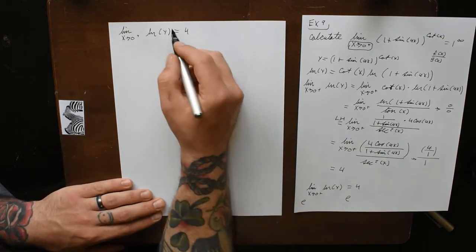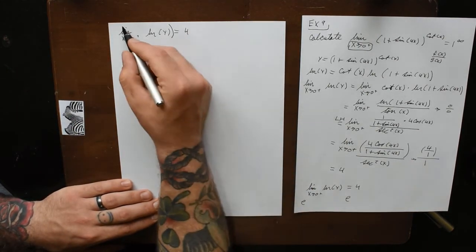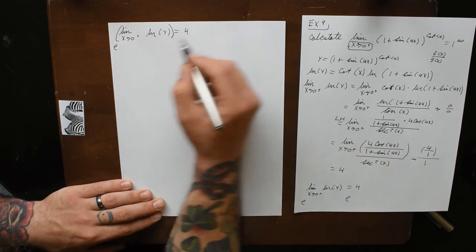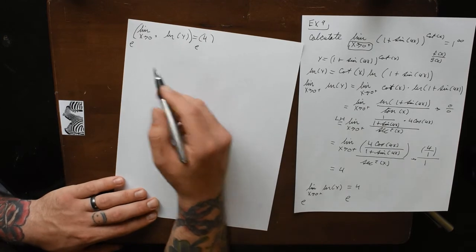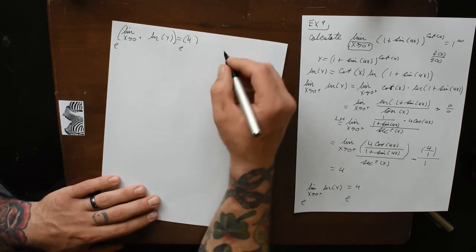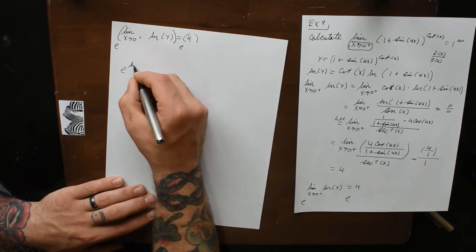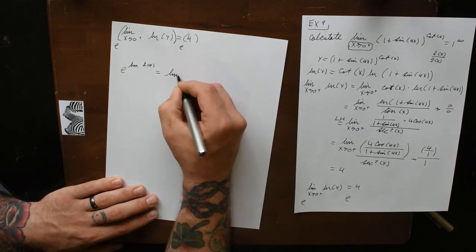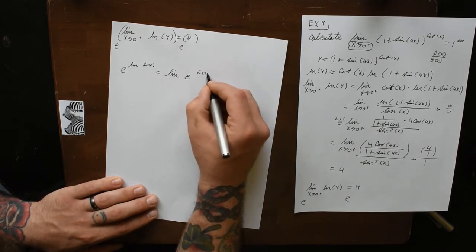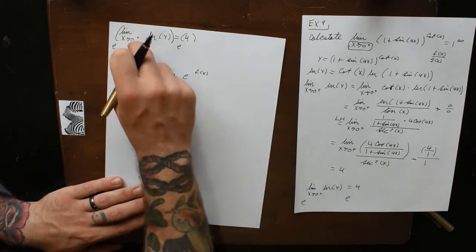Like I said, take this whole thing and make it an exponent for e. What you do to one side, you do to the other. Now, we have a rule that says that e to the limit of f of x is equal to the limit of e to the f of x. And we're going to apply that here.